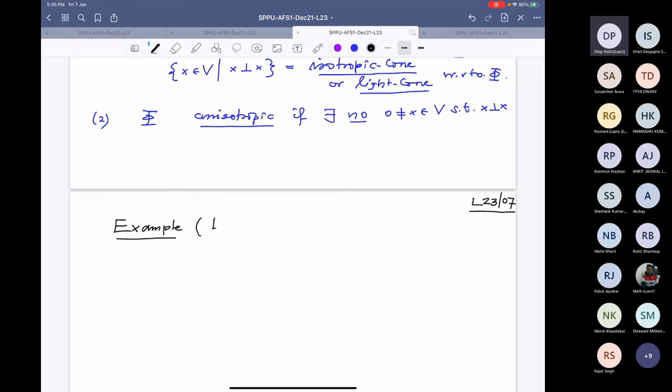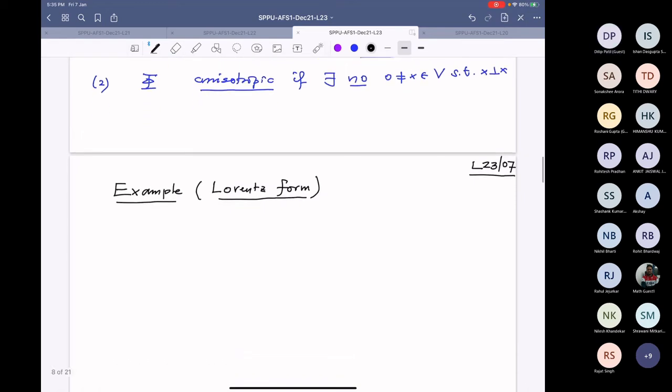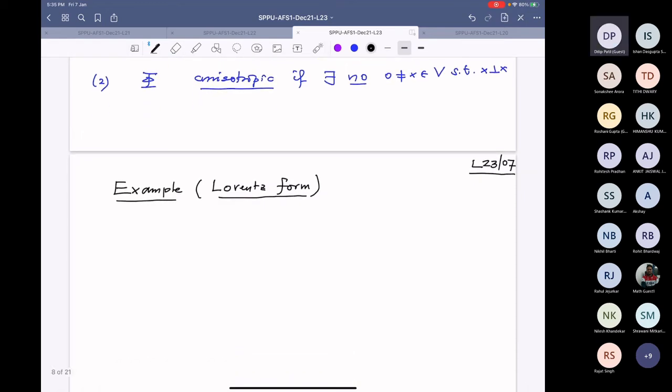This is called the Lorentz form. This was very important in physics. And there are many forms named after Lorentz. All right, where you can see the non-trivial isotropic vectors.